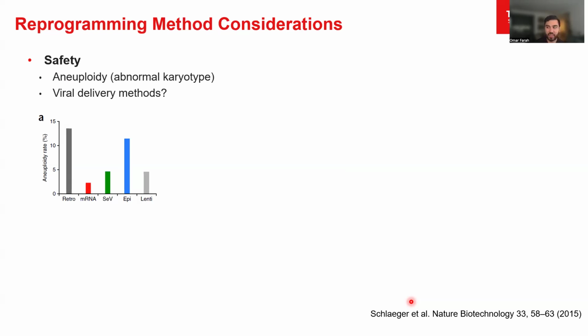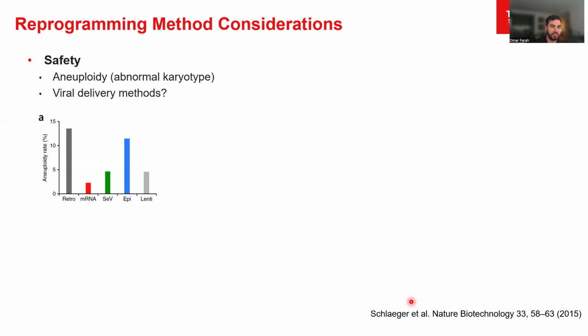The first being safety, right? The safety profile associated with that reprogramming method. As many of you know, and I've already kind of alluded to this with the non-integrative and integrative methods, the way in which you target these cells to express your reprogramming factors could potentially change their genomic DNA, right? If it's an integrative method.